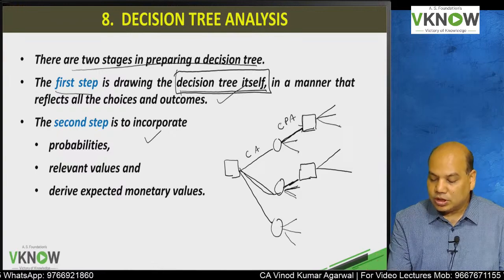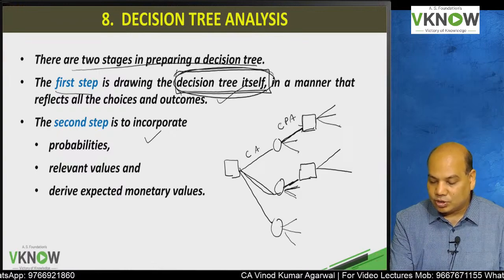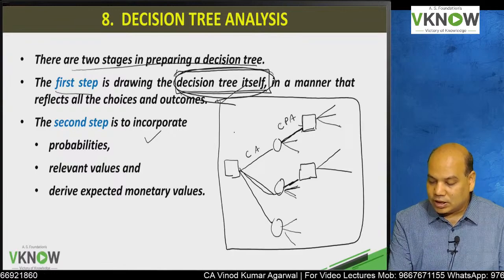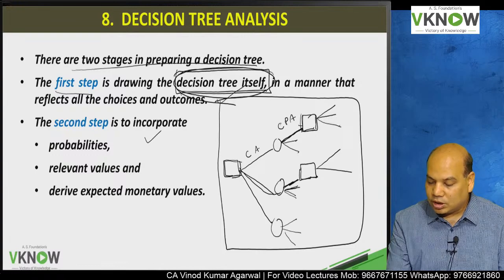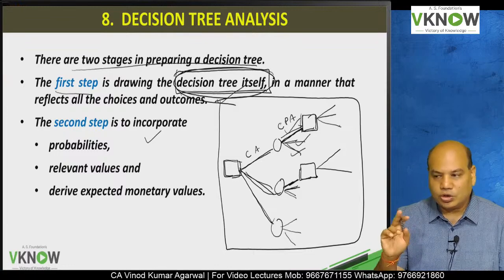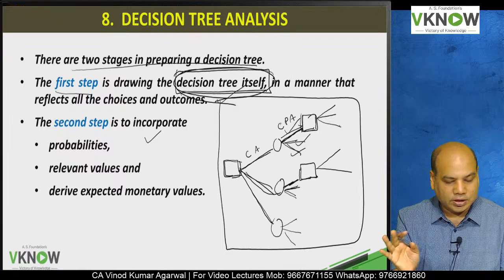Which is the most critical task for a student? To read the problem and understand what the decision issues involved are, what the consequences are, and what their probabilities are. If you can do this, step number 2 is automatic.